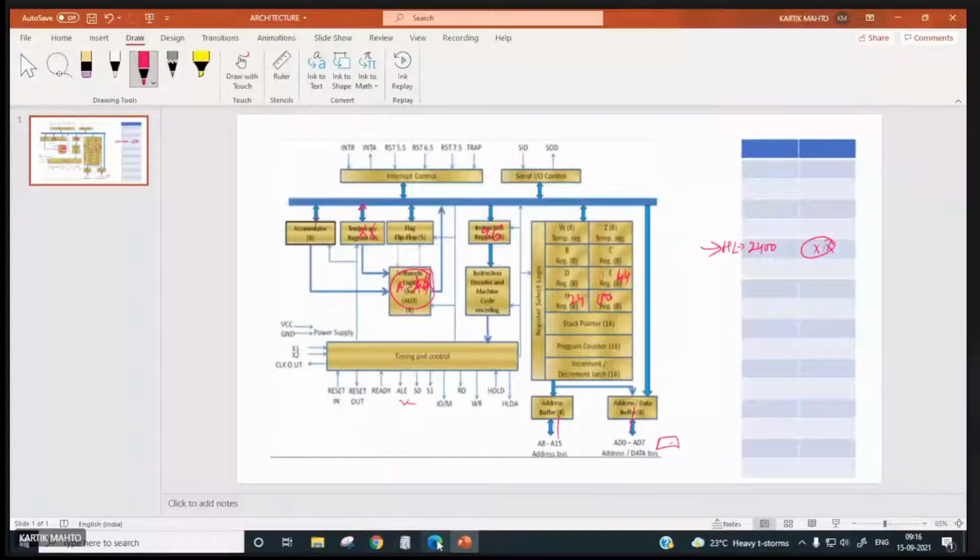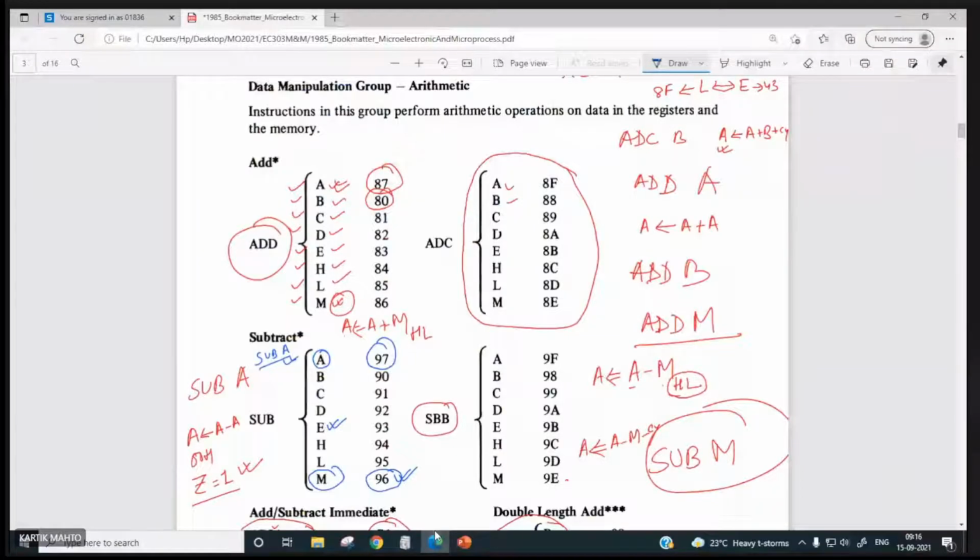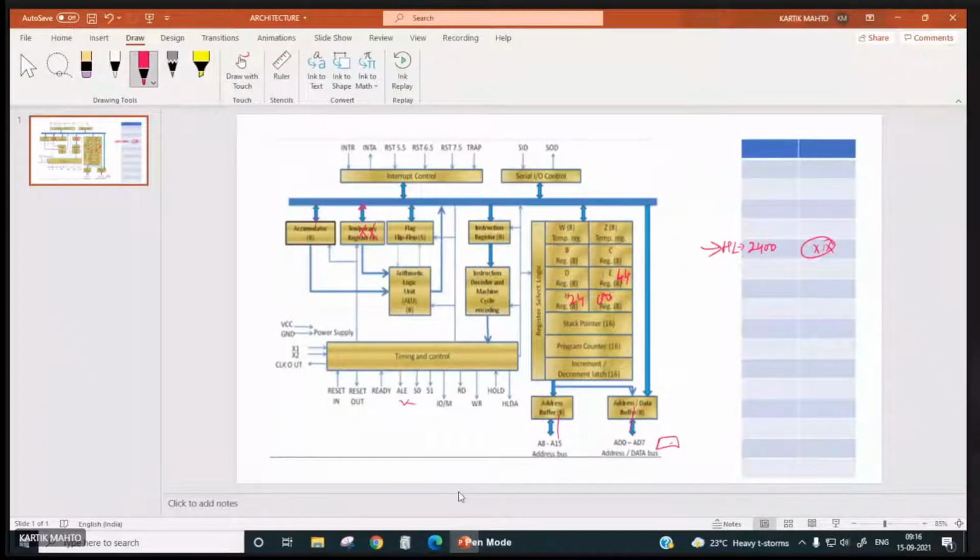Similarly, we have SBB and ADC. Now suppose an instruction is executed like SBB C. If SBB C is the instruction, then what exactly is the processor going to do? The C register content, suppose it is 33.